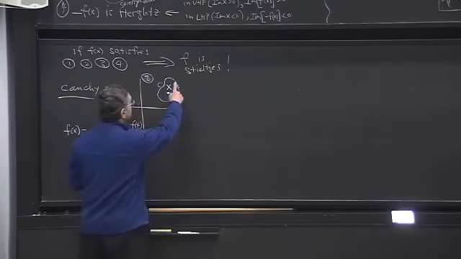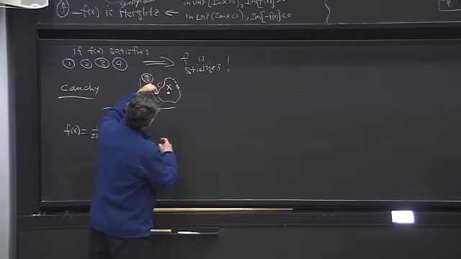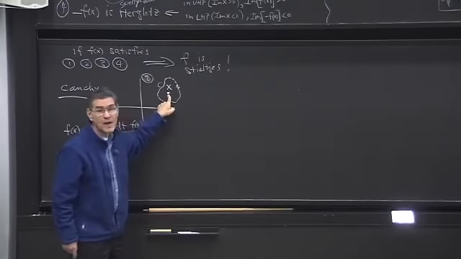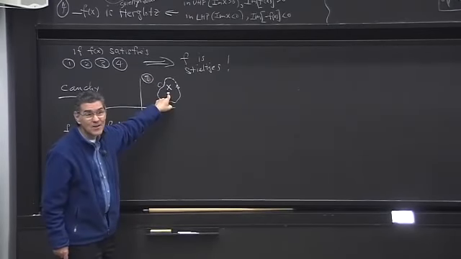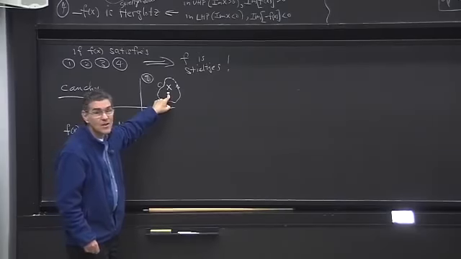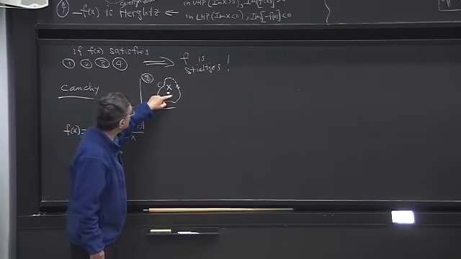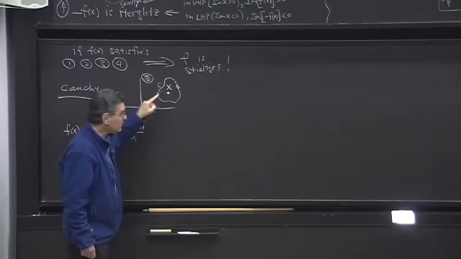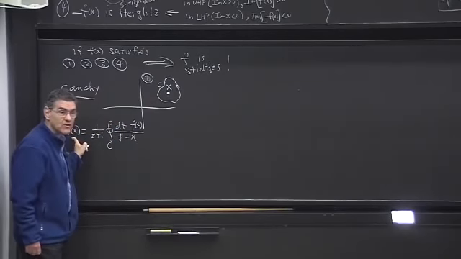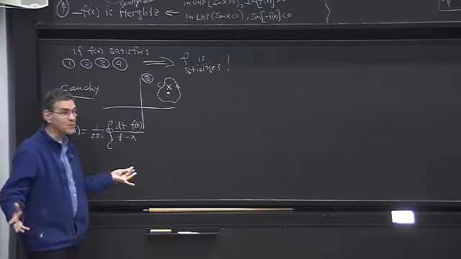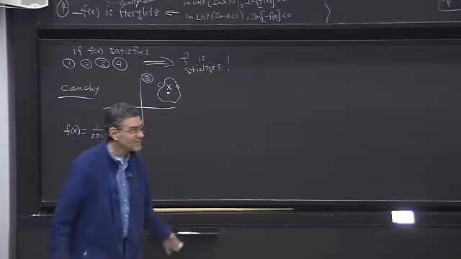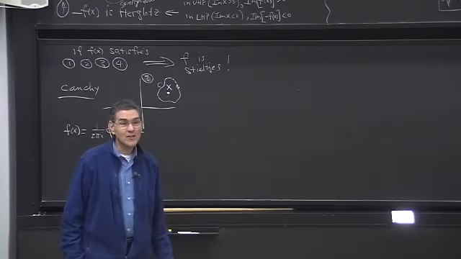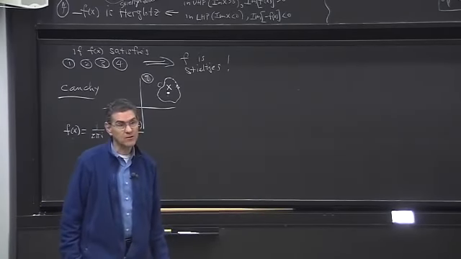These points that are going around the contour are not at the point x. And yet, the knowledge of the function at all of these points here is enough to tell you what f is at x. That's incredible. It's unbelievable. That's an amazingly powerful fact.